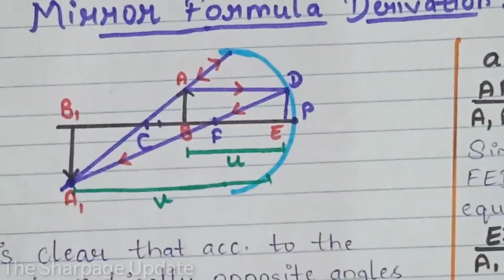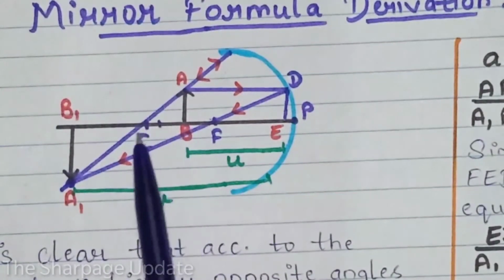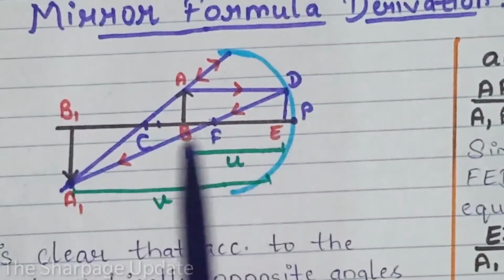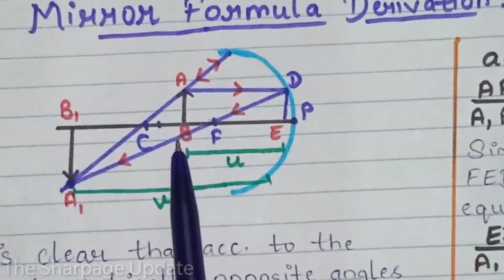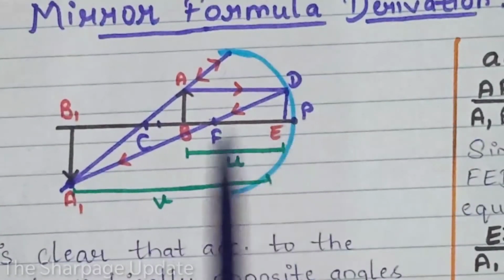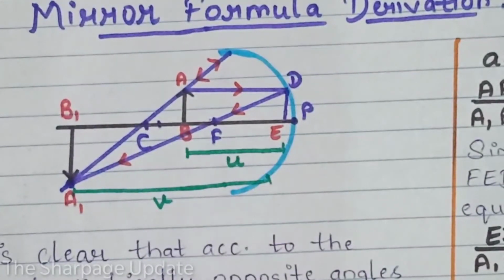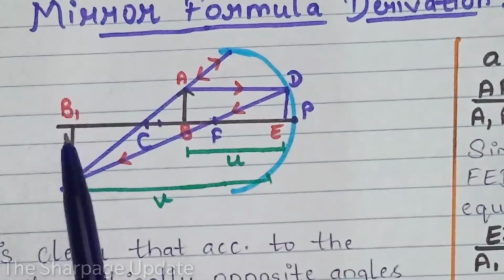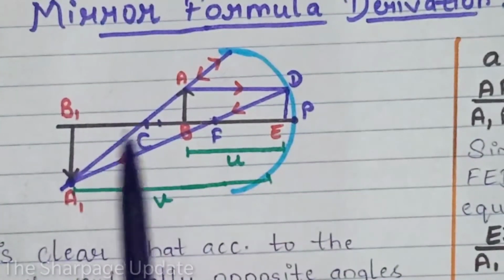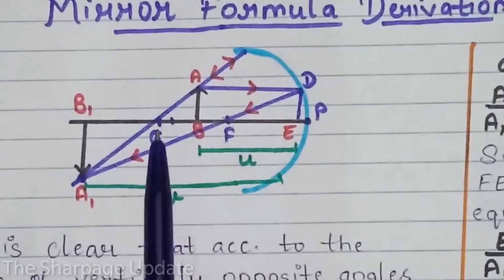Dear students, in this diagram, you can see BC is equal to PC minus PB. Right students? This BC is equal to PC minus PB. And B1C is equal to PB1 minus PC.